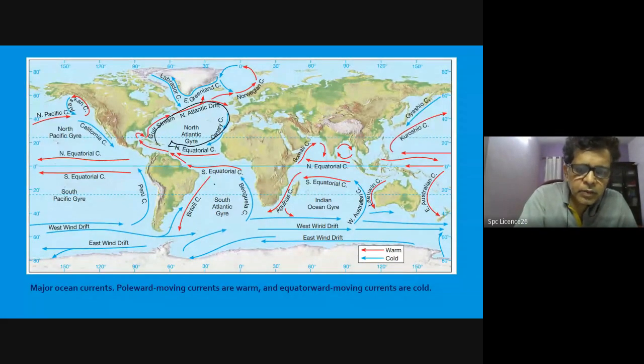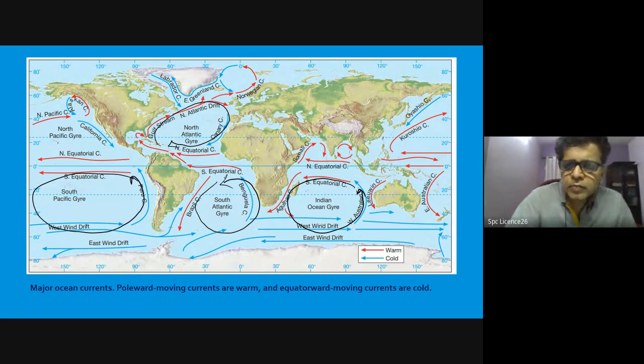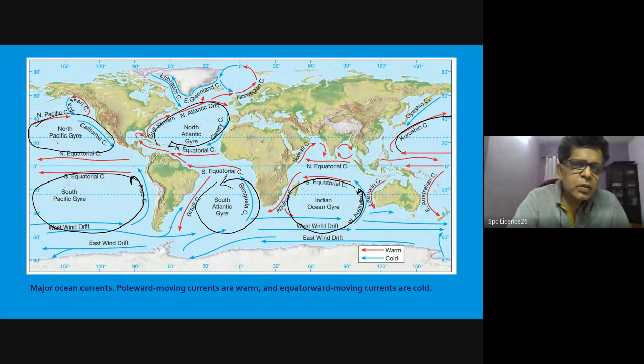Okay, it will start like this and it will come like this. Now, why am I drawing these? It will move from here, come back here, and complete a circle. So every ocean, with an exception of the Atlantic Ocean, you see that they complete a cycle sort of thing. These circular movements are called gyres.